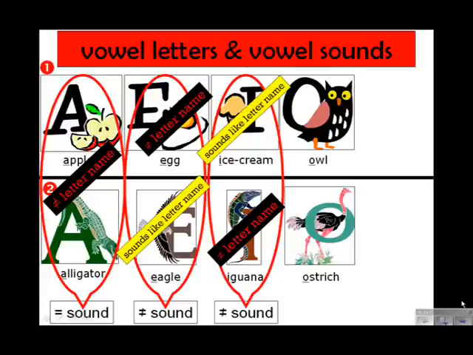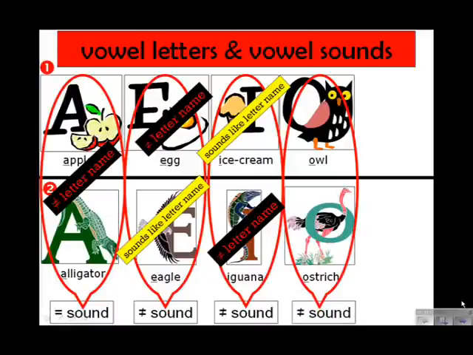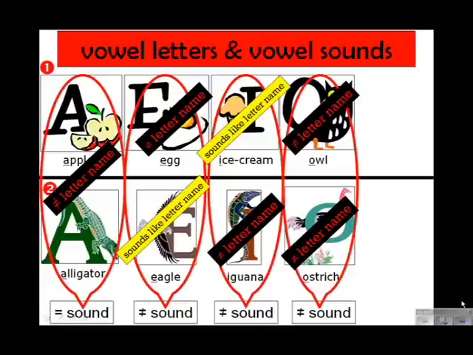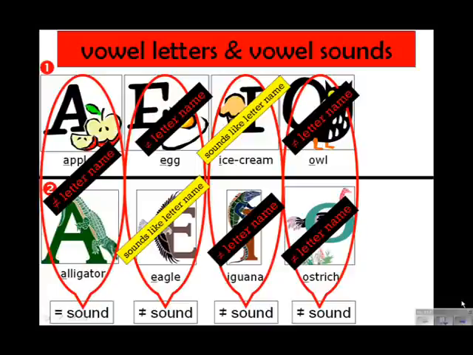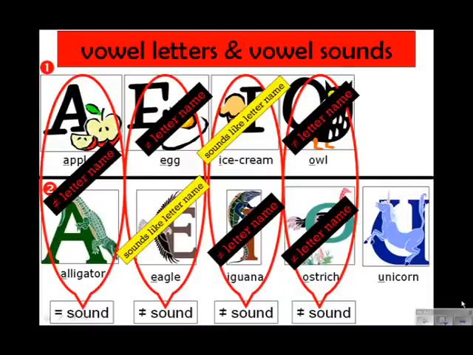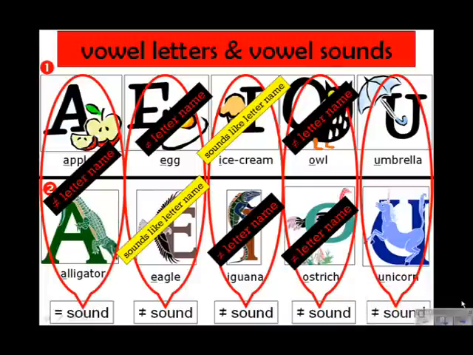Here, neither of them sounds like the letter name O, and they don't share the same sound between them. Finally, U for unicorn, that sounds like the letter name, and U for umbrella. Here both pictures don't share the same sound, and unicorn sounds like the letter name.